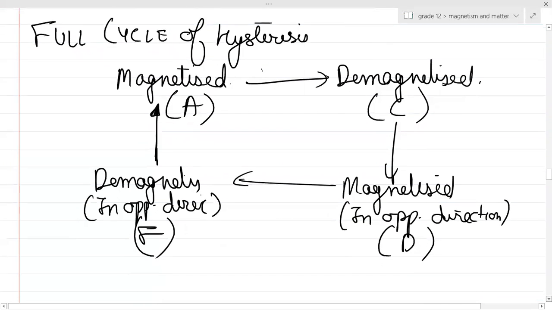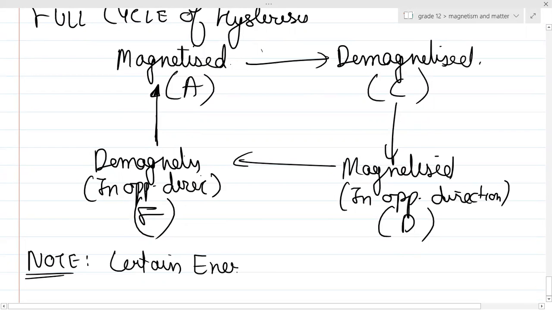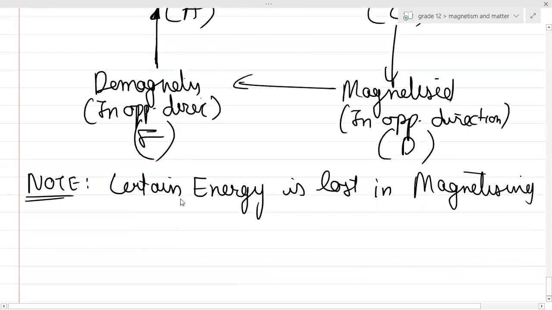So always remember this particular thing. During this magnetization and demagnetization, during this whole hysteresis loop, certain energy is lost in magnetizing and demagnetizing.